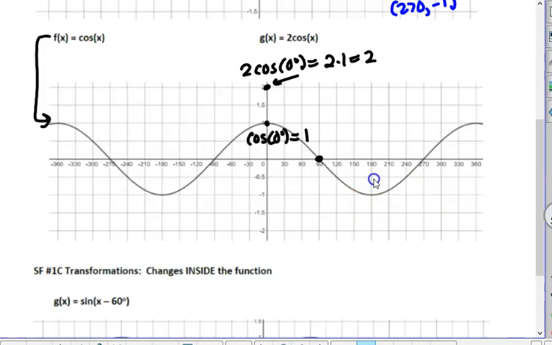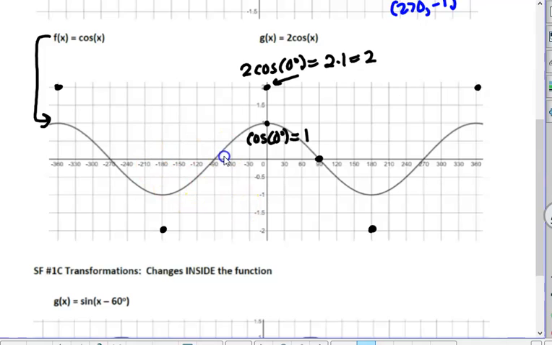If cosine of 180 is negative 1, 2 times cosine of 180 is going to be 2 times negative 1, or negative 2. So notice my high points, instead of being at positive 1 and negative 1, are going to be at positive 2 and negative 2. So here's another high point at positive 2, another low point at negative 2, and another high point at positive 2.